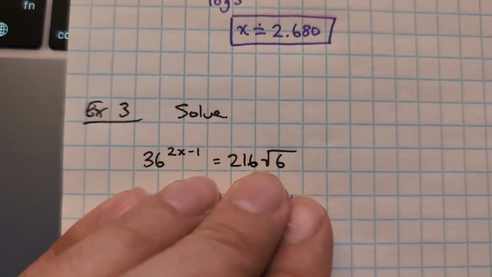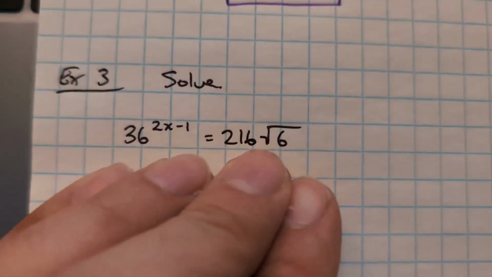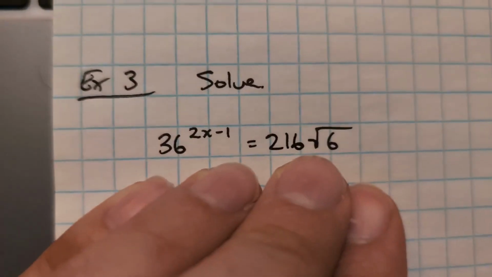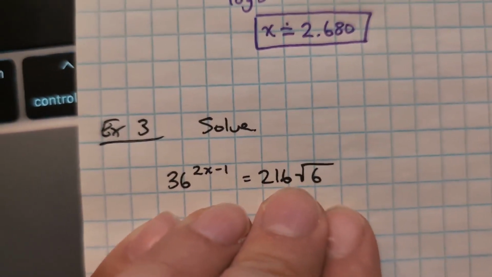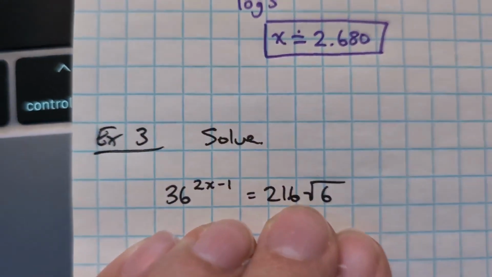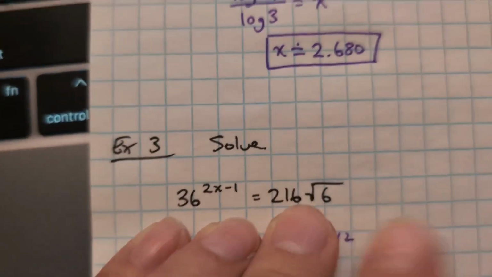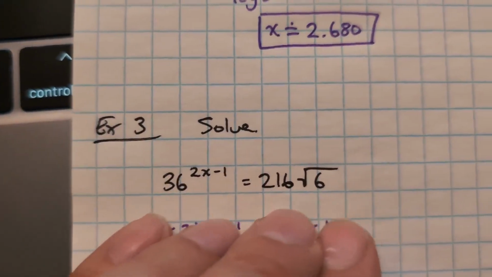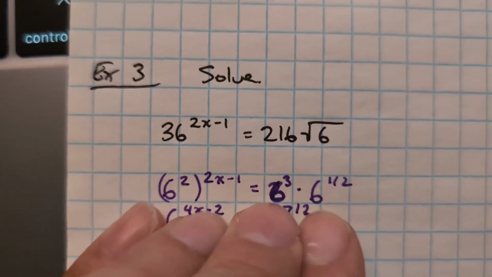Back to solving here, so no decimal places asked for. Like the last few, 36 to the 2x minus 1 equals 216 root 6. May not be overly obvious depending on your comfort level, but 36 is definitely a power of 6, and we have another 6 here, so maybe we can check, yeah, it's 216, and it turns out 216 is the same as 6 cubed.